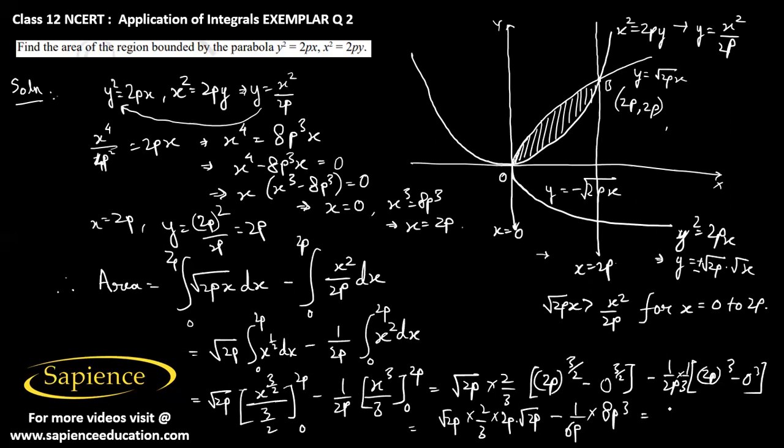So that will be 2p times 2p, that is 4p square, times 2 by 3, minus 8 by 6, and p and p cube will cancel, p square will come. So that will be 4p square into 2 by 3 minus 4p square by 3.